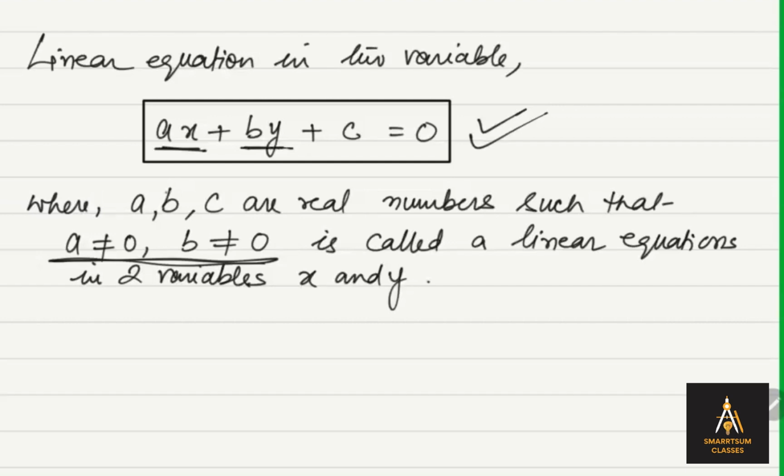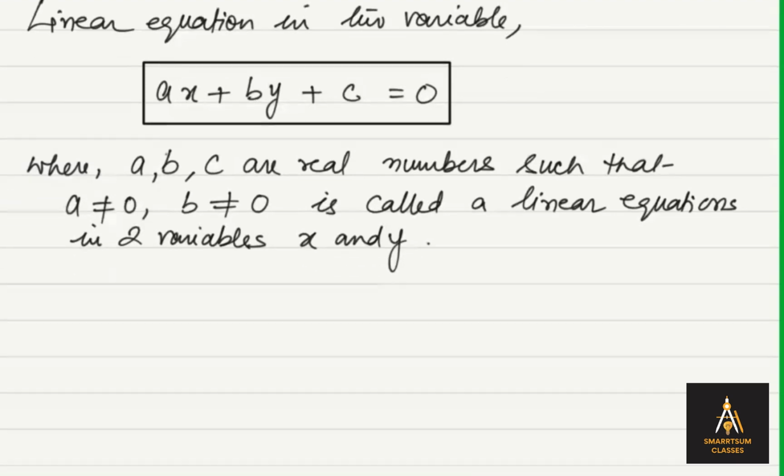If it is 0, then there will be only one variable, but this is the equation of two variables, so a and b should not be 0. c can be 0. So this is the form of the linear equation in two variables. And what are the variables here? The variables are x and y. Understood?